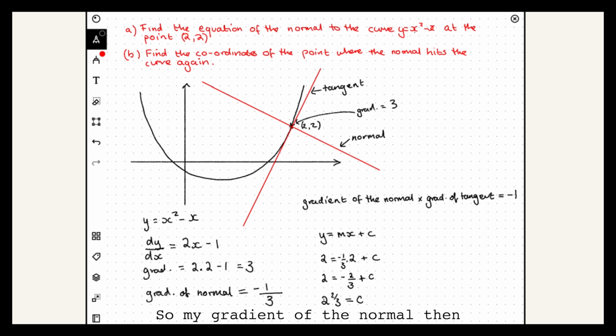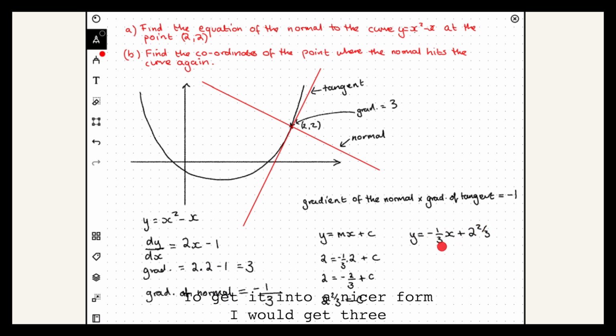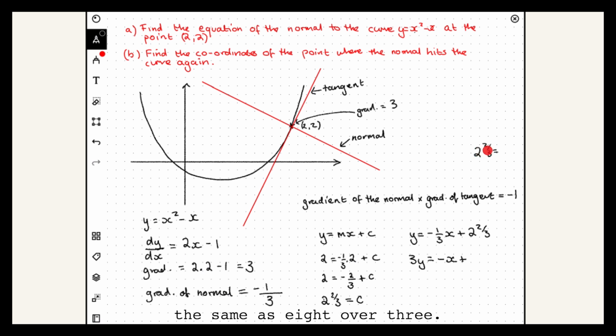So my equation of the normal then is y equals -1/3 x plus 2 2/3. And I could multiply this by 3 to get it into a nicer form. I would get 3y equals -x plus, well, 2 2/3 is the same as 8/3.